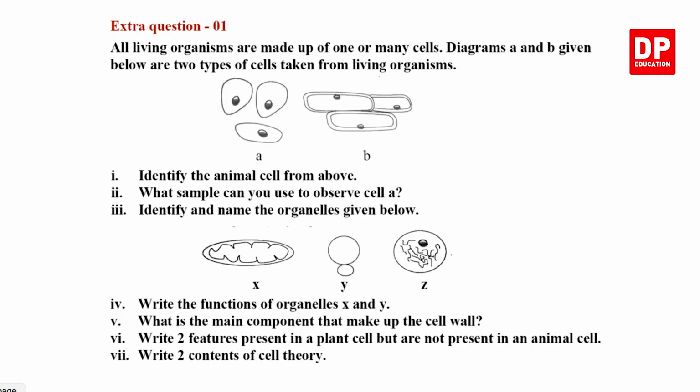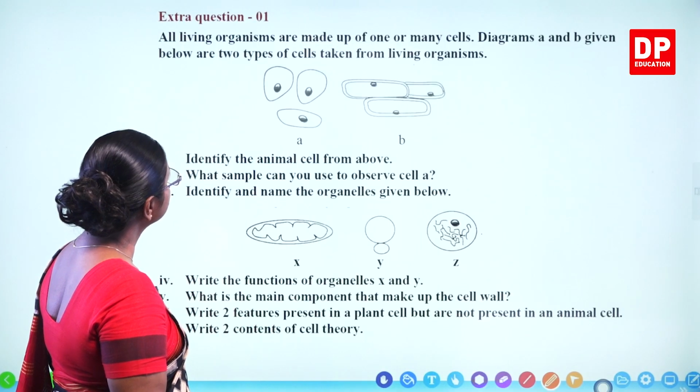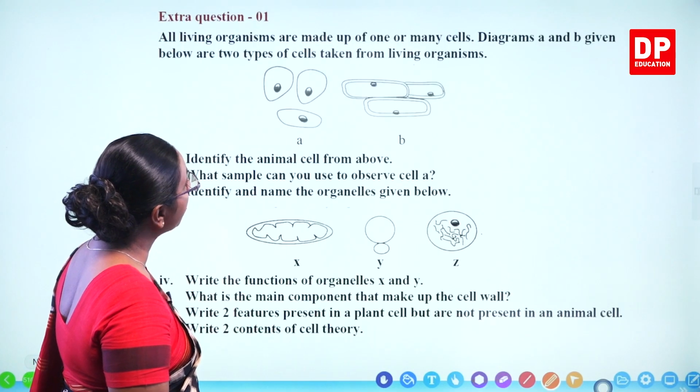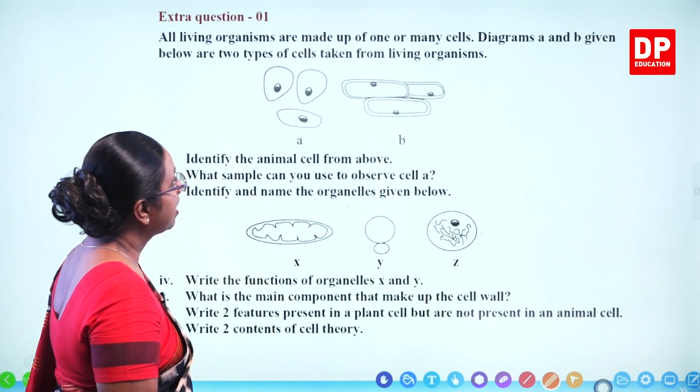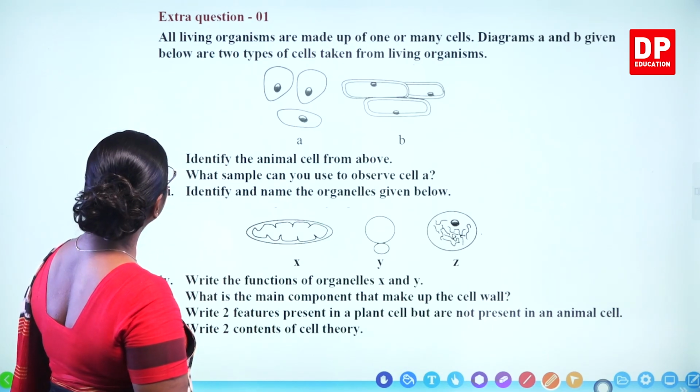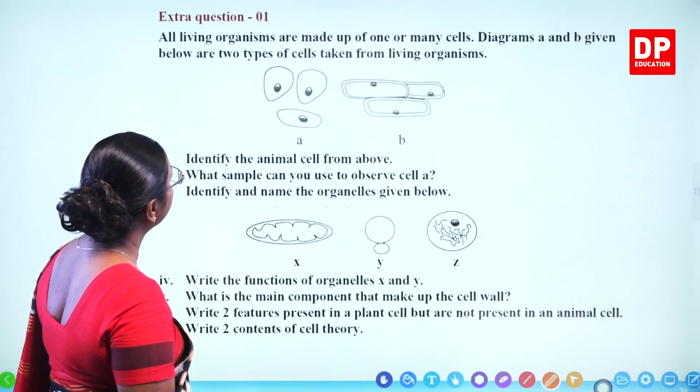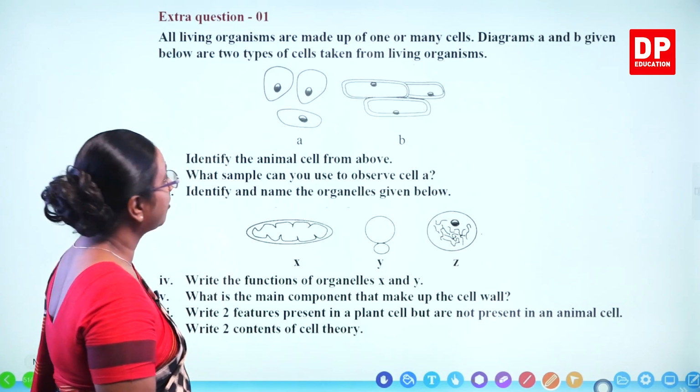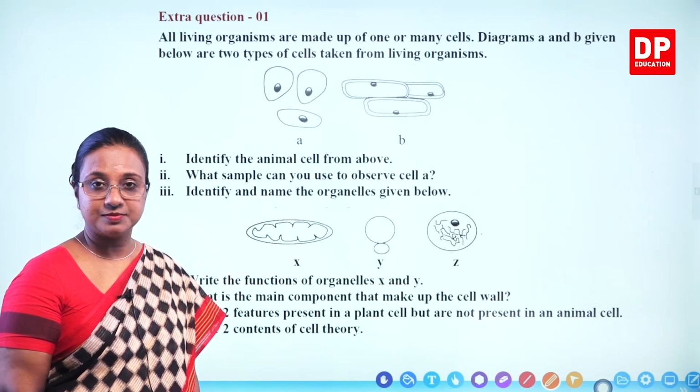Extra question 1. All living organisms are made up of one or many cells. Diagrams A and B given below are two types of cells taken from living organisms.